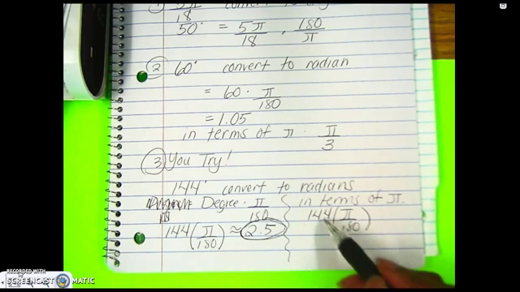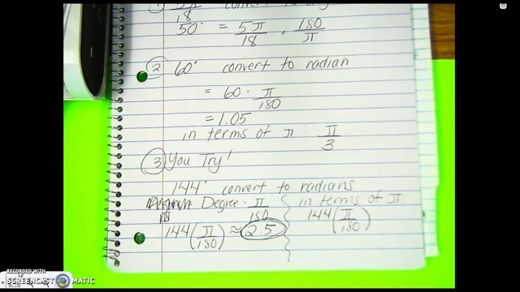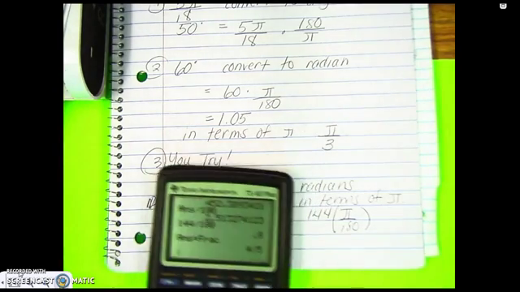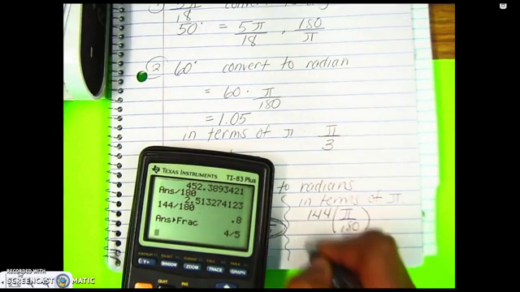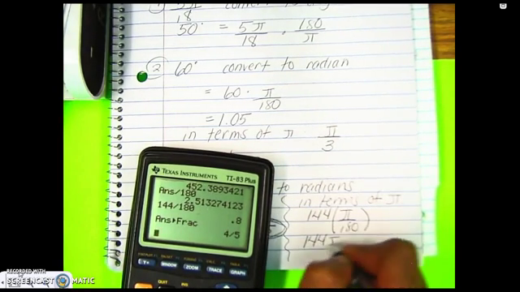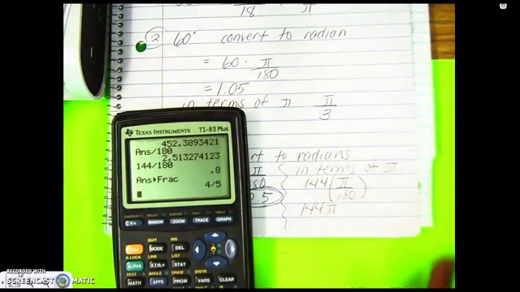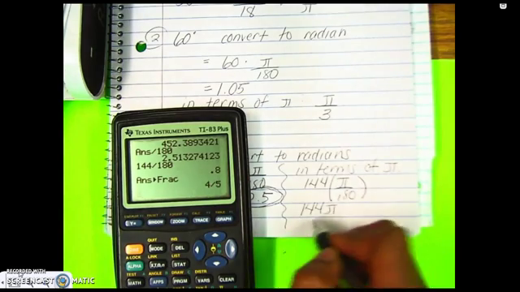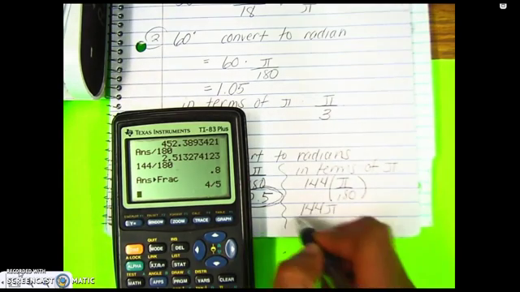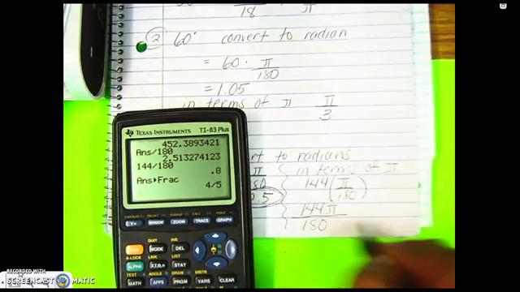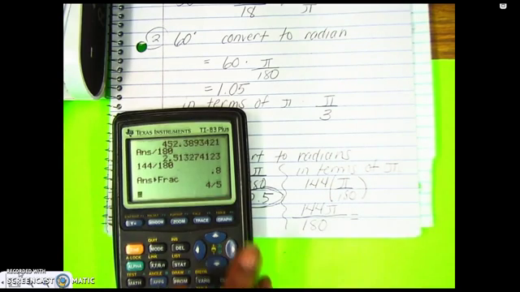Okay, so I'm going to work with 144, I'm going to work with 180. So I know that I would multiply 144 in pi, so I'm just going to write 144 pi, like I would multiply 144 in x or something like that. Okay, so just 144 pi over 180, and then I'm just going to simplify my fraction.